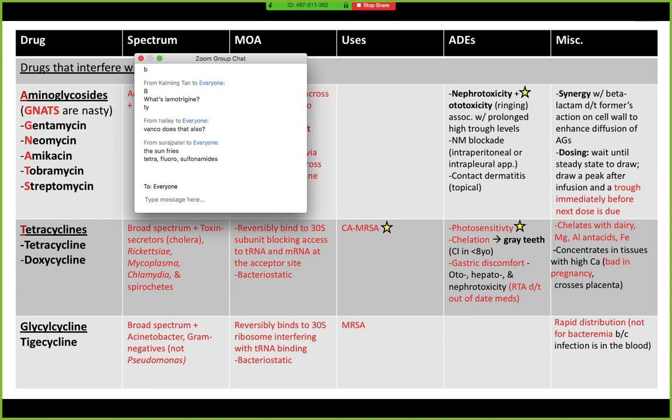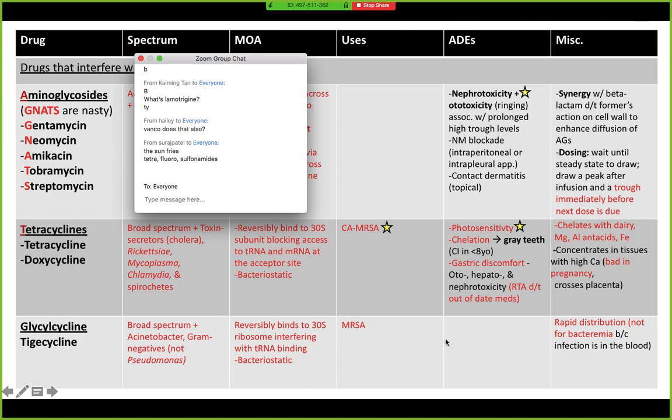So they could describe photosensitivity in a question stem and then give you a specific drug in that class. So instead of one of the answer options being tetracyclines, it might be doxycycline, or you might get moxifloxacin as an answer possibility. So know the mnemonic, but also know the drugs included in those categories.